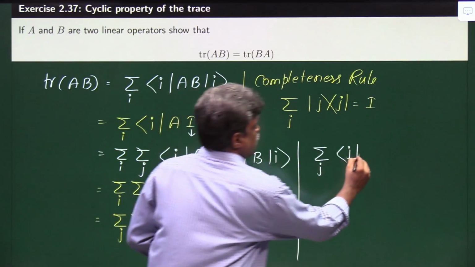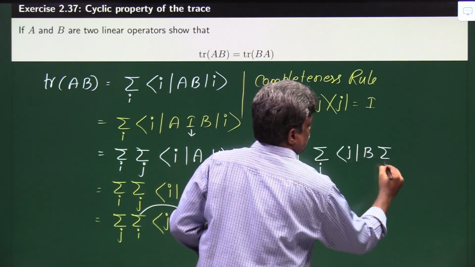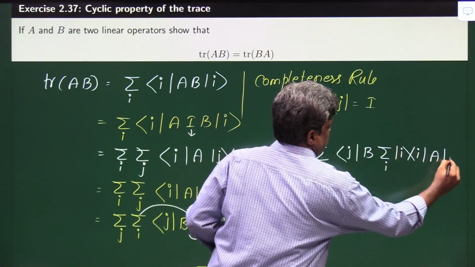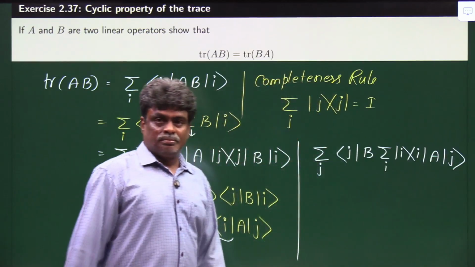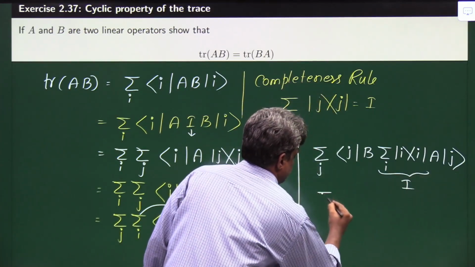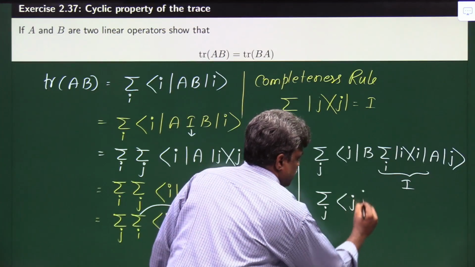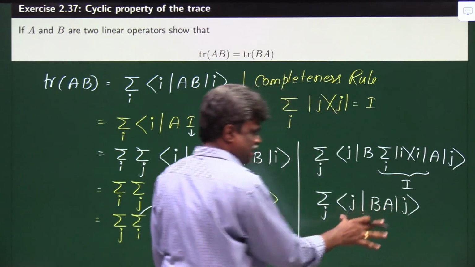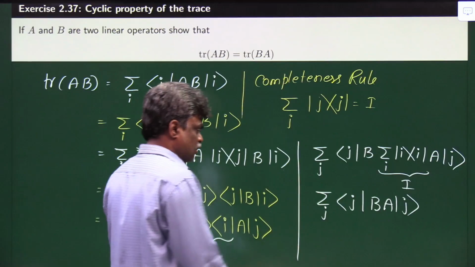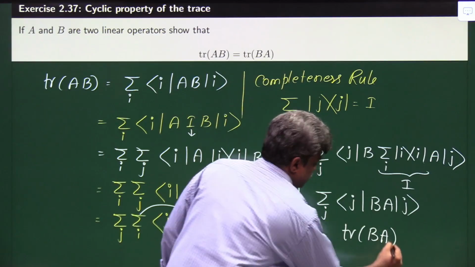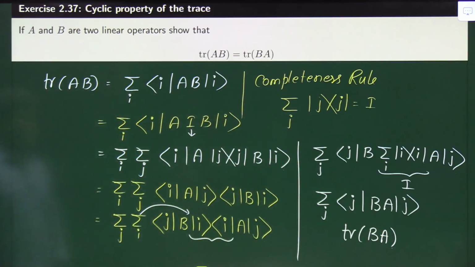And here B is also as it is, and summation over i, outer product i i, and again A as it is. So now this is nothing but identity. So this is the summation over j of j B, identity, A, which is nothing but BA. Just j is a dummy index, so no need to worry about this. And this is also nothing but trace of BA. So we can show that the trace of AB equals trace of BA.